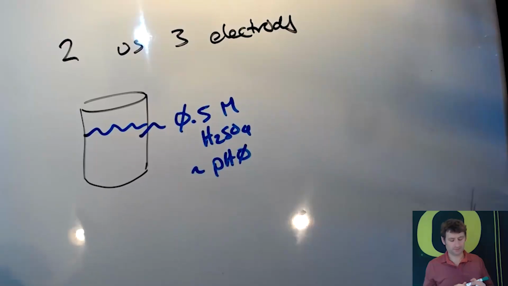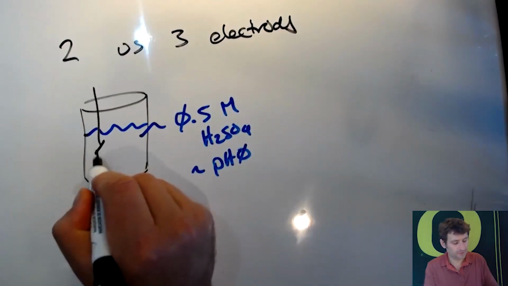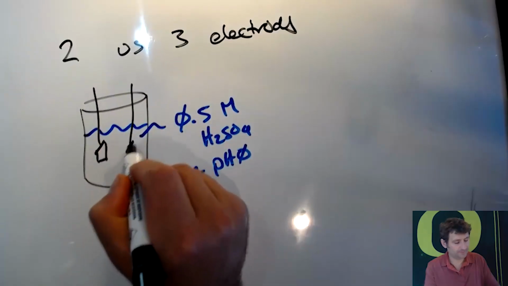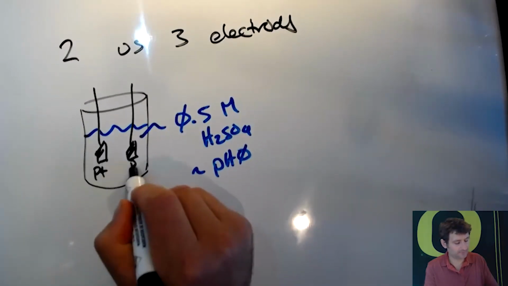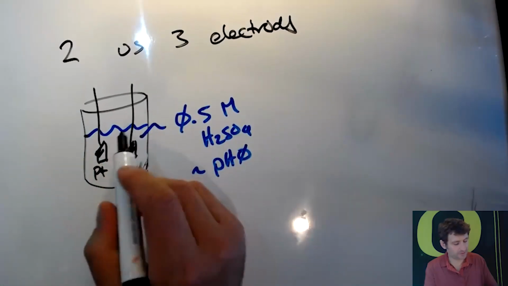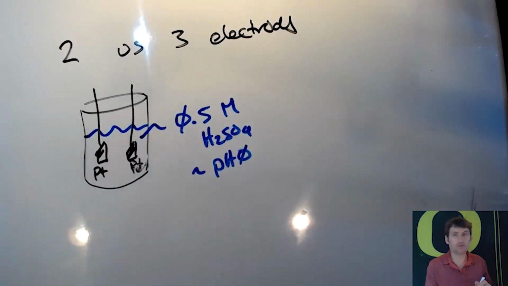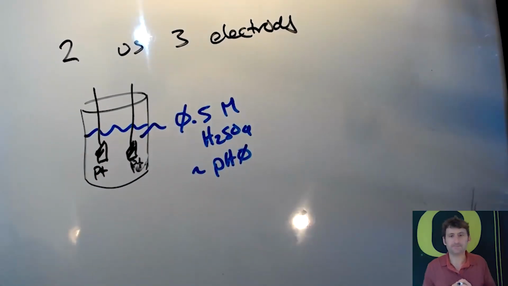So that's our electrolyte. And then I put 2 electrodes in there, 2 sheets of metal, and let's make these platinum. Okay, so it's symmetric. There's 2 platinum electrodes in our electrochemical cell.